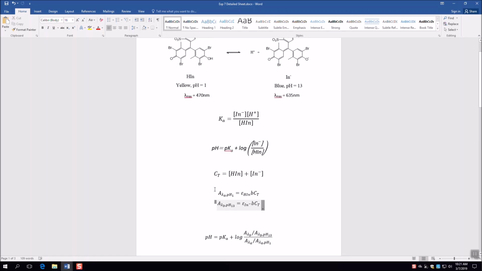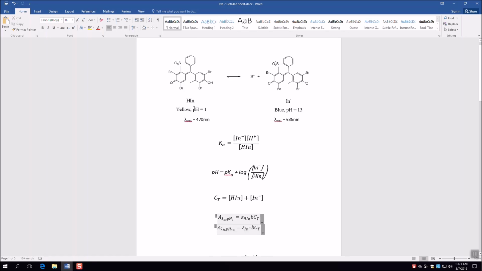Then we're plugging into Beer's law, where the absorbance of A at pH 1, where all of the indicator is HIn because it's in a strong acid, equals epsilon b c. For the second one, In minus, it's at pH 13. Why? Because it's all deprotonated at a high pH when there's a bunch of base in there.